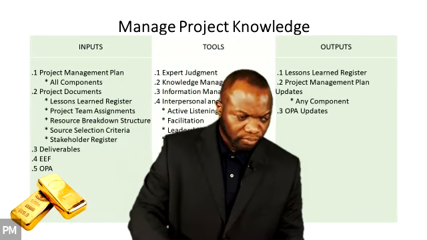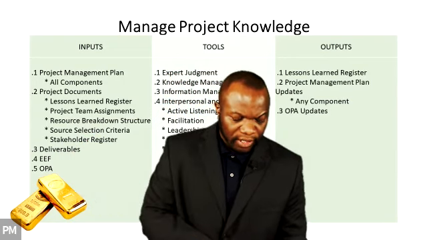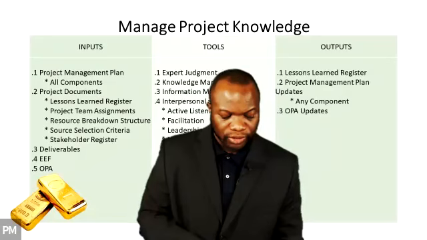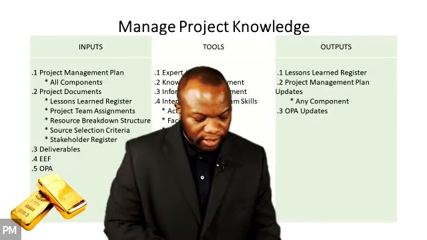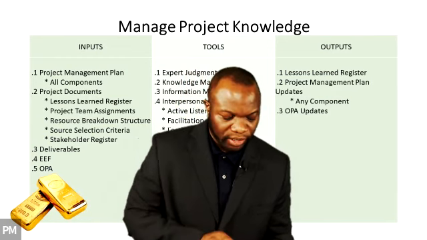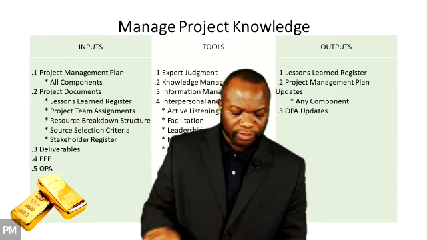Okay. The next input, we talked about this on the previous slide, deliverables. It says any unique and verifiable product, result, or capability to perform a service. It says deliverables are typically tangible components completed to meet the project objectives and can include components of the project management plan.